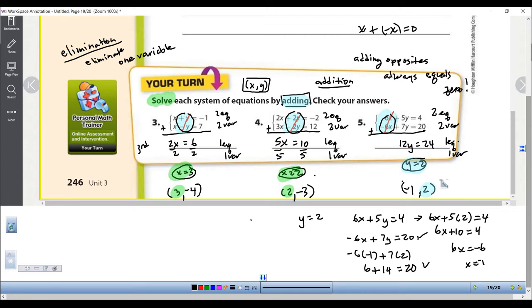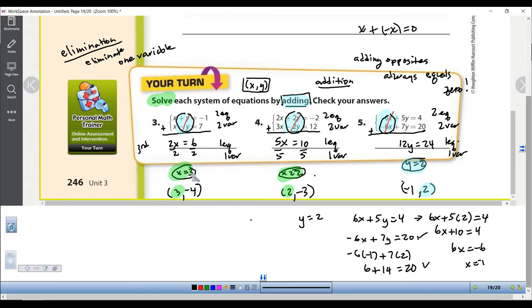So just to review, we're learning elimination. The first part of elimination involves adding two equations together, and this method of addition only works when you have these pair of opposites. When you have these pair of opposites, after adding, you're going to go from two equations with two variables to one equation with one variable.